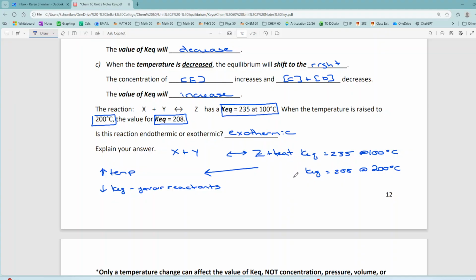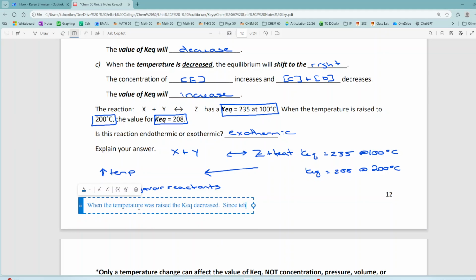So in my reasoning there, I could write this a little bit better. Type it. My printing, it's not the greatest. When the temperature was raised, the KEQ decreased.